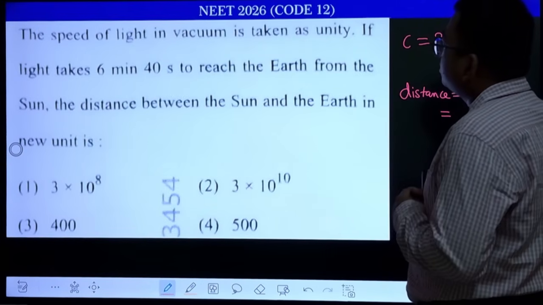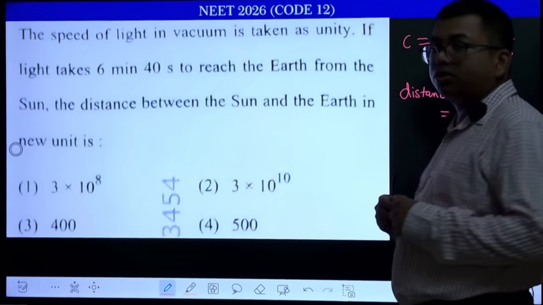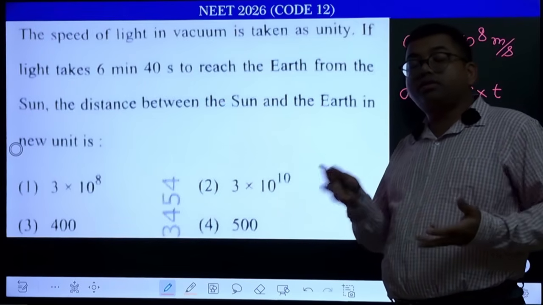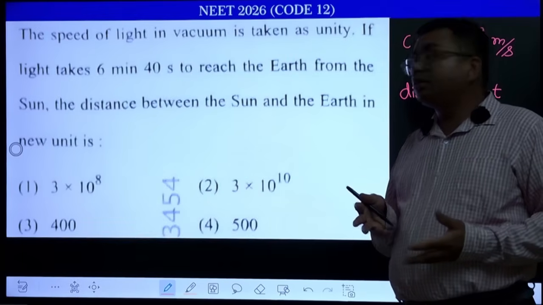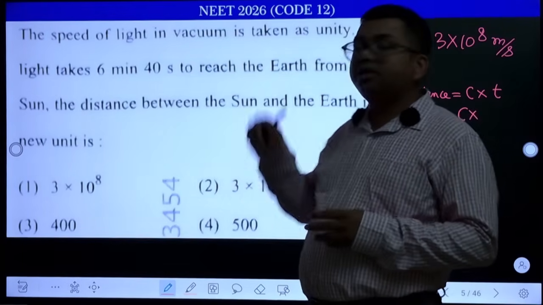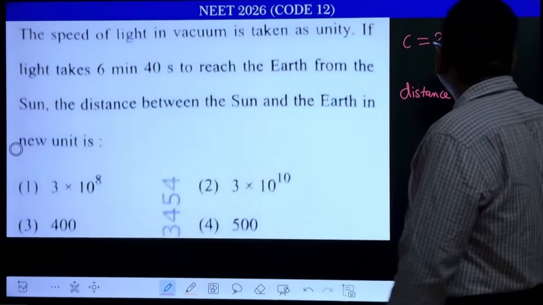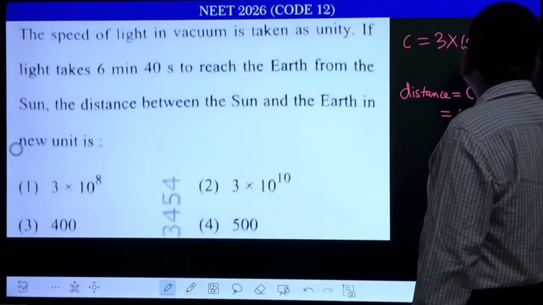So 6 minutes means how many seconds? 6 into 60, right? That means 360. 360 plus 40 means 400. That means time is 400 seconds.